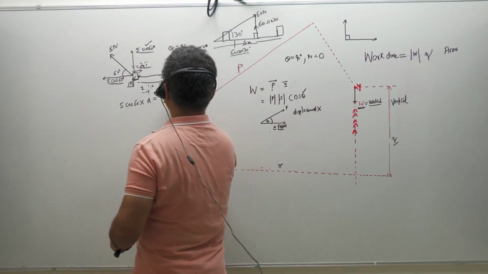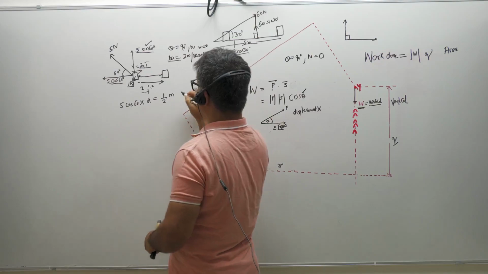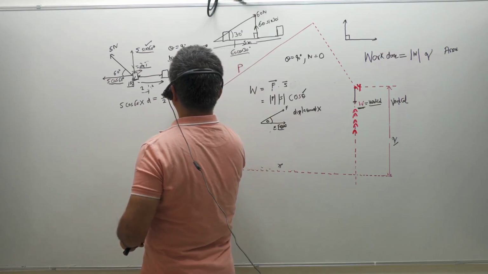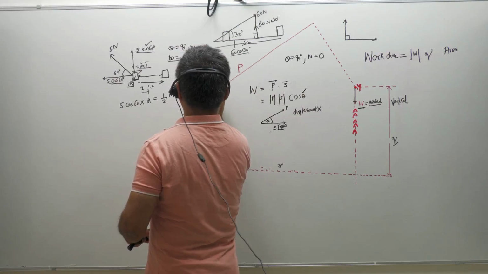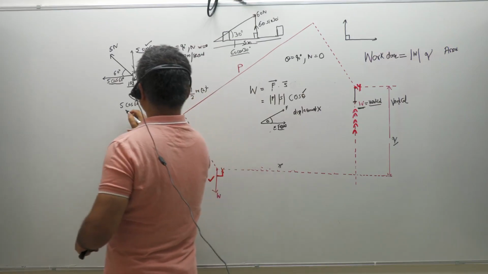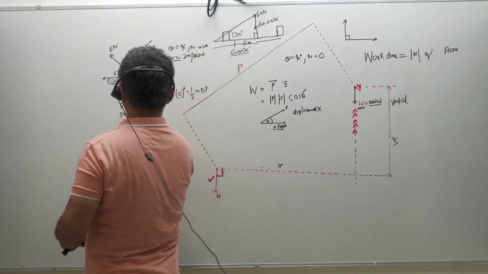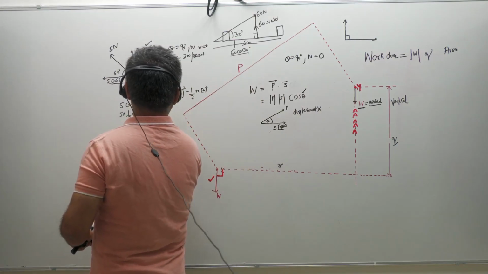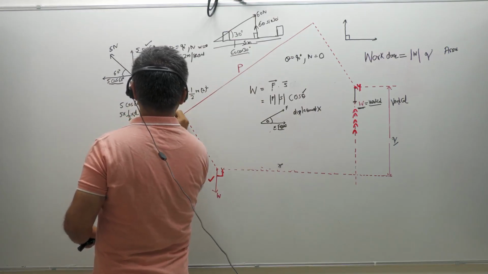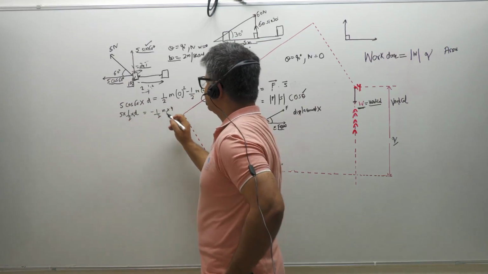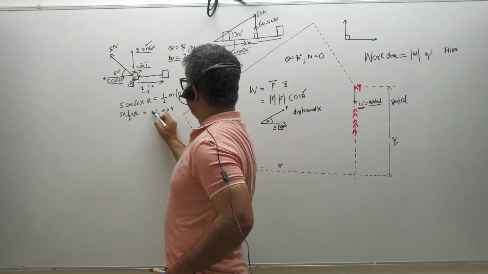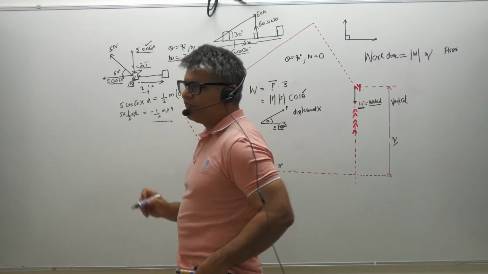So half m, final velocity is 0, initial velocity is 2 meter per second. So 5 multiplied by 1 by 2 into d is equal to minus half m into 4. Remember, this negative sign means it's a loss of kinetic energy.